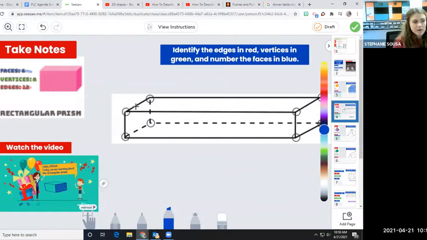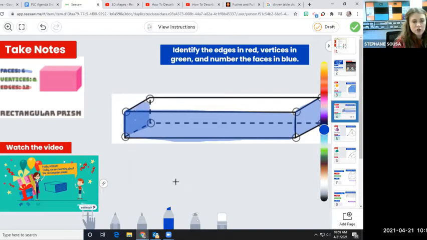Okay, so let's go ahead and get these faces done. Our faces here, we can see the very front face, 1. The right side face, 2. The left side face, 3.